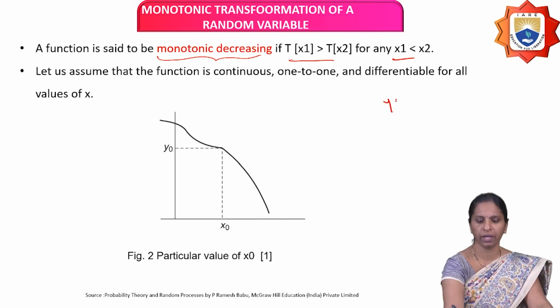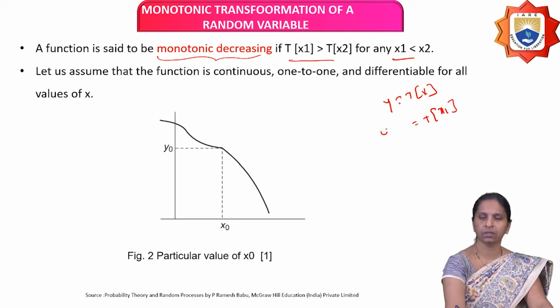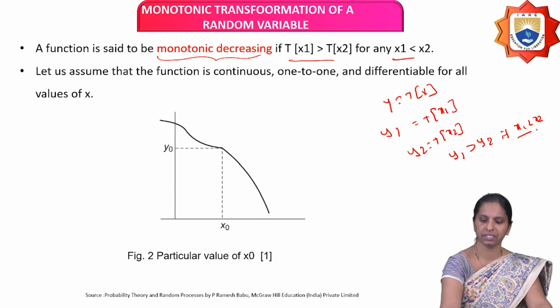Here y is T of x. T of x1 is y1 and T of x2 is y2. So y1 is greater than y2 if x1 is less than x2. It means as x is increasing, y is decreasing.